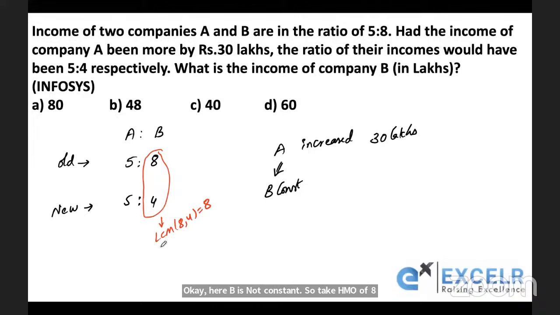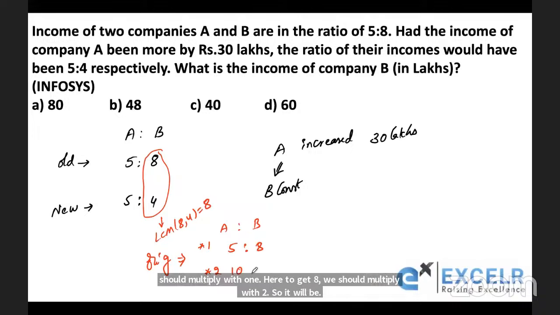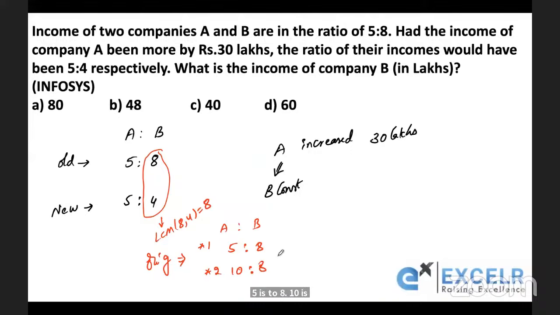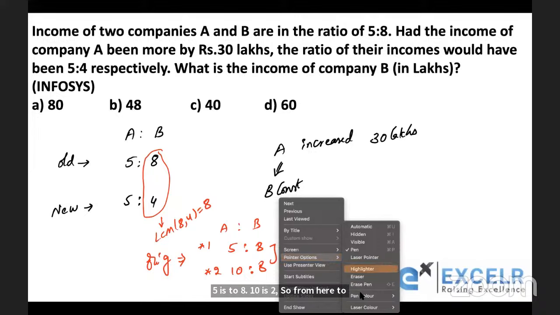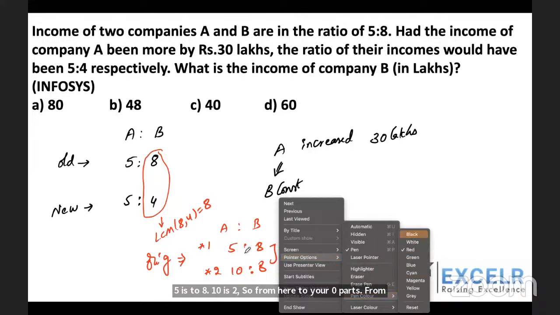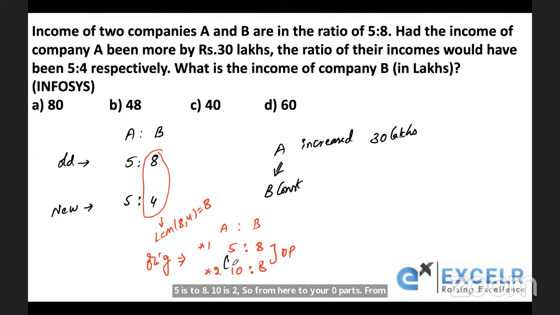8. So what are the original ratios now? Here to get 8, we multiply with 1. Here to get 8, we multiply with 2. So it will be 5:8 and 10:8. From here to here, 0 parts. From here to here, 5 parts.